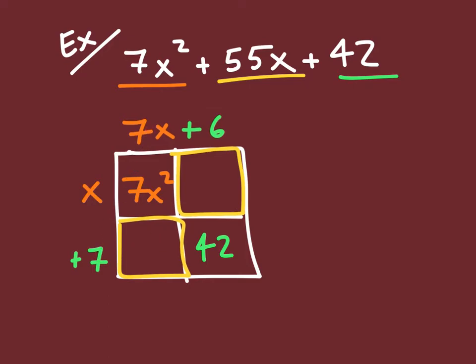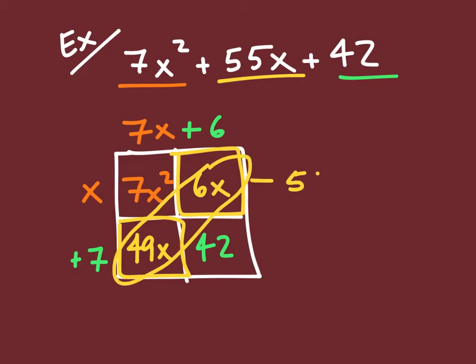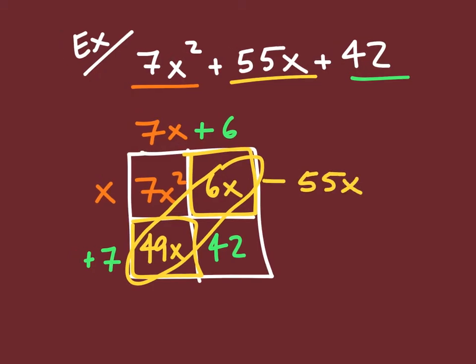Well, 7 times 7x is going to give us 49x. And 6 times x is going to give us 6x. Now, when we add these two things together, we get 55x, which is what we're looking for. All right, that's the goal. And so when we do this, this is going to factor then to x plus 7 times 7x plus 6.